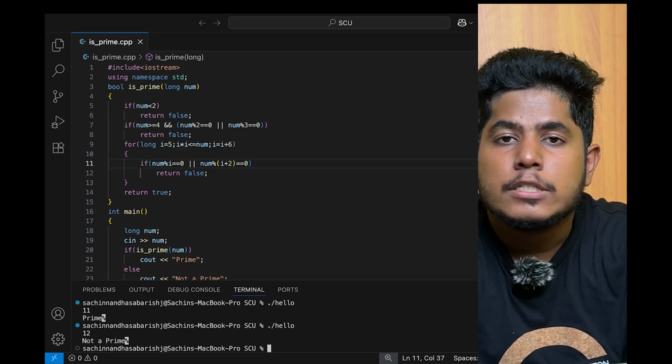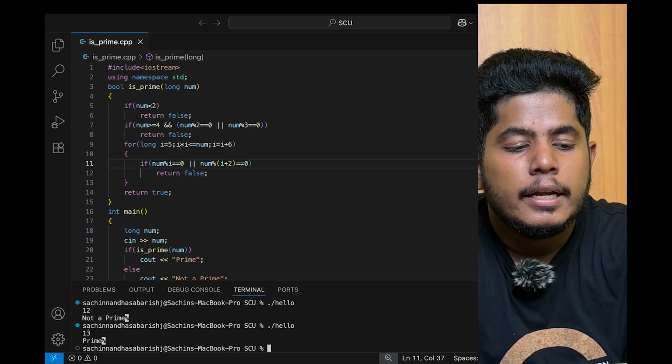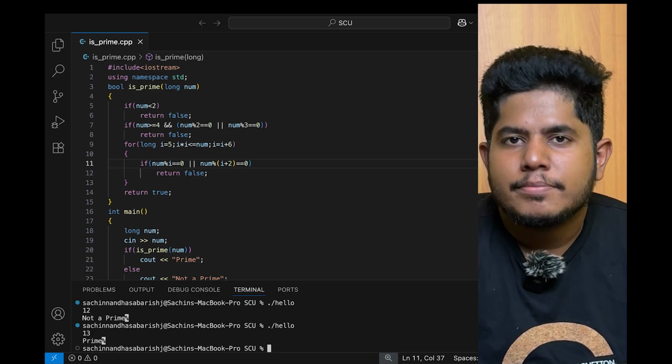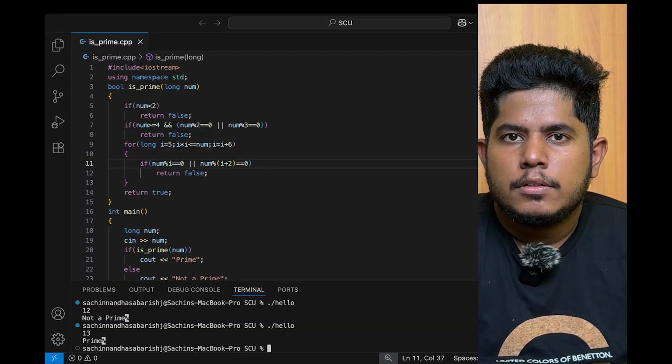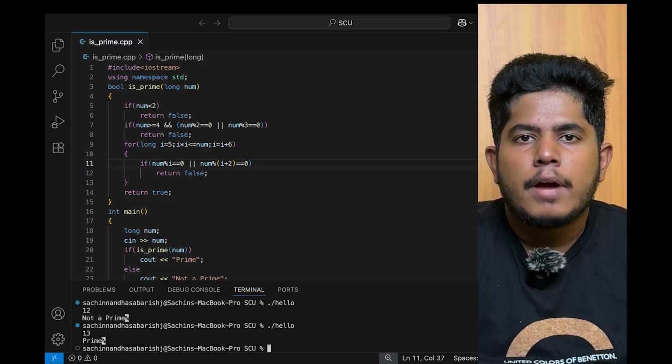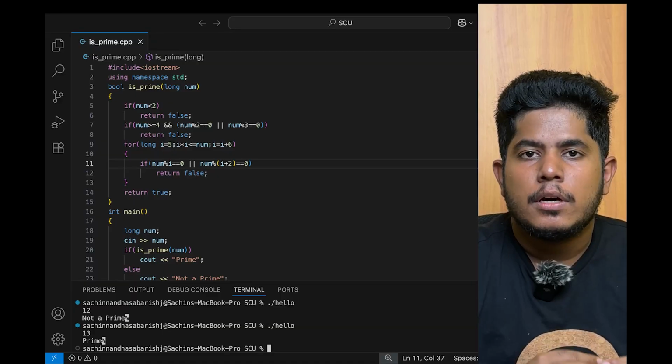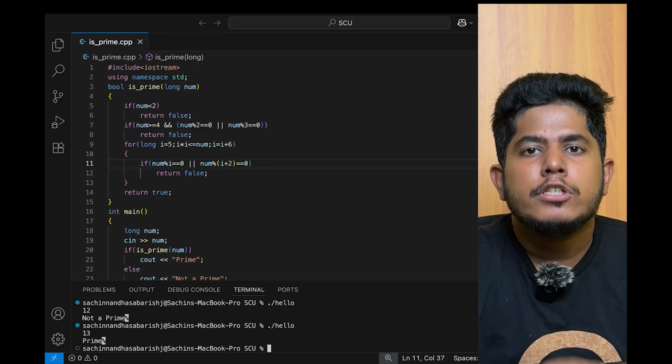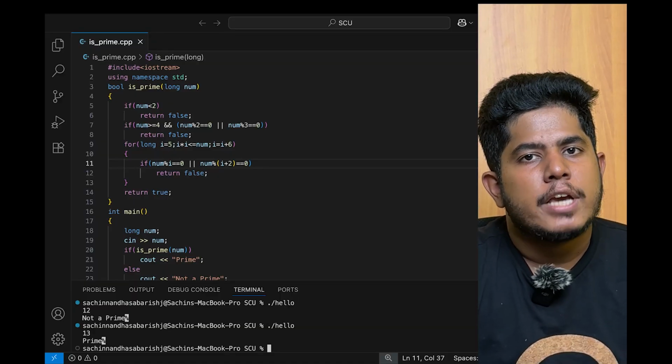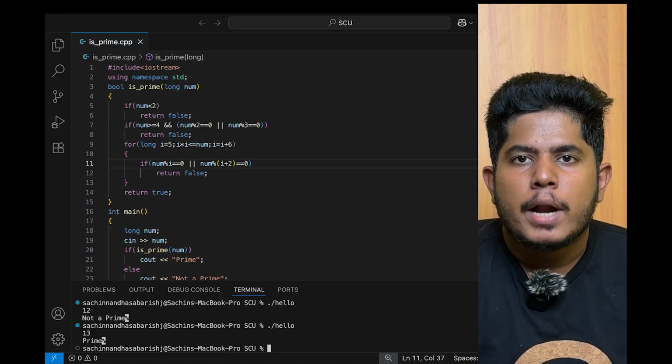Then 12 is not a prime. Then 13 is a prime, and so on. So this works absolutely fine, and this is the most efficient approach that we have for checking whether the given number is prime or not.